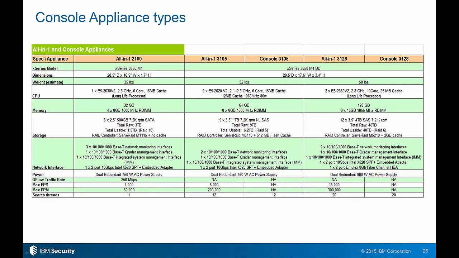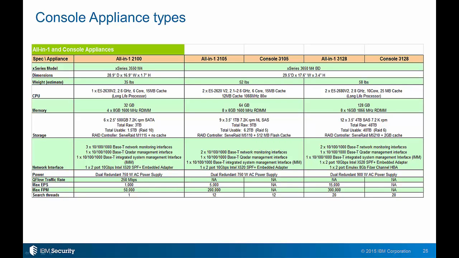It has one management interface and two network interfaces, as well as an IMM interface for remote management. It can handle up to 5000 EPS and 200,000 flows per minute.